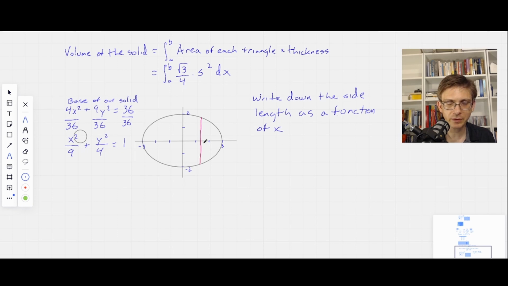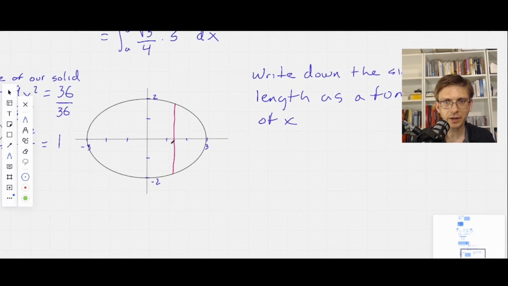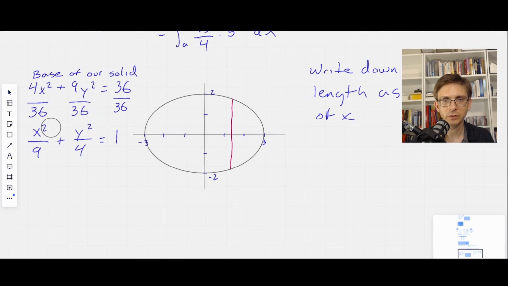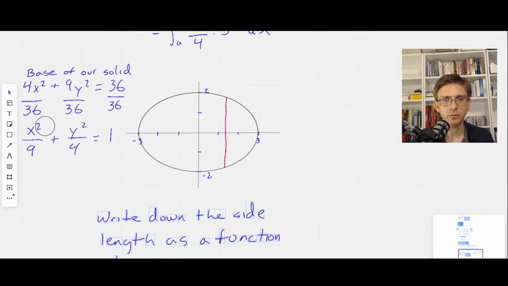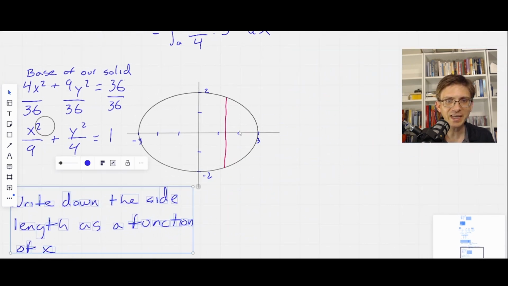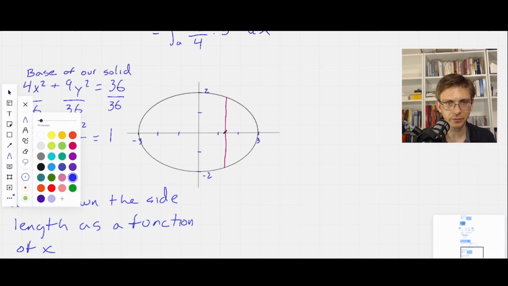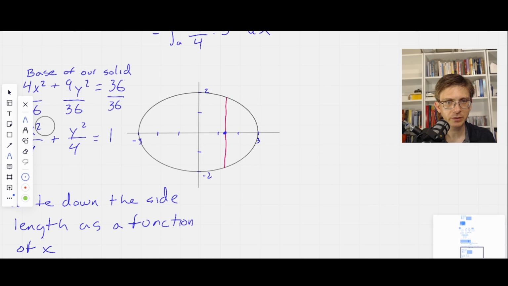Well, let's take a look at what we've got here. So we've got our ellipse, and we need to be able to take any x value here. So we've got the pink line there already. So I'm going to just take that x value right there. And then I need that to give me a side length, really from there to there.